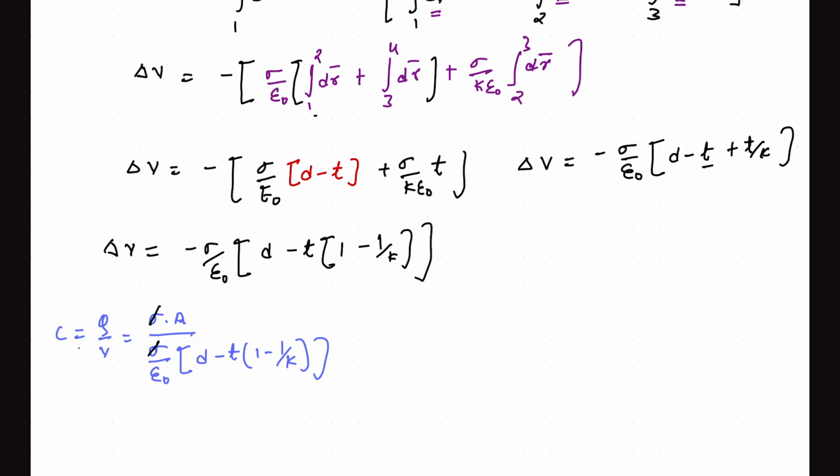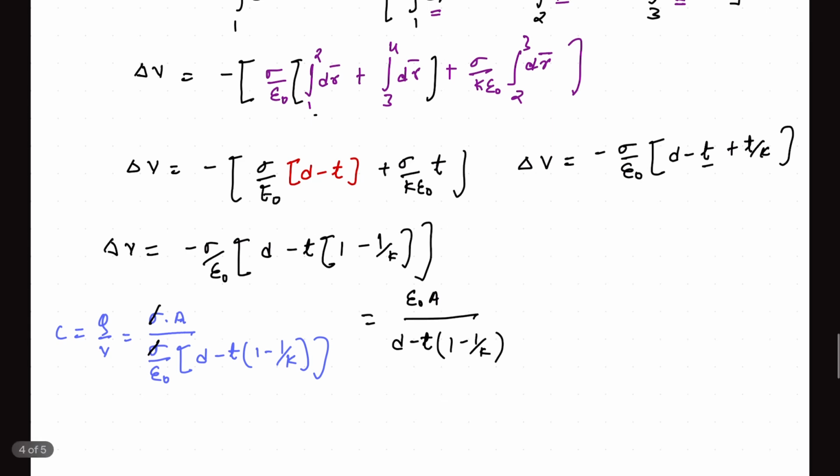So this capacitance is a property, and it should be independent of the charge, and it is independent of the charge. From here we are getting epsilon naught A divided by (d minus t(1 minus 1/K)). This is our expression for the new capacitance when we insert a dielectric slab inside the capacitor.